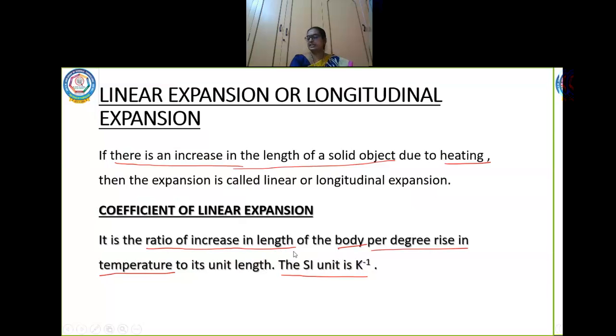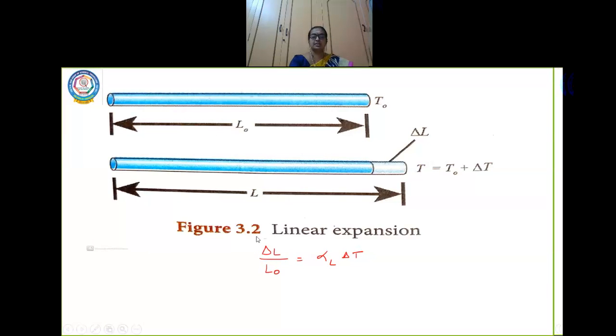So this is del L by L naught, and this is proportional to del T, and this proportionality I replace by a constant called alpha L. Now this alpha L is nothing but you call it as coefficient of linear expansion.